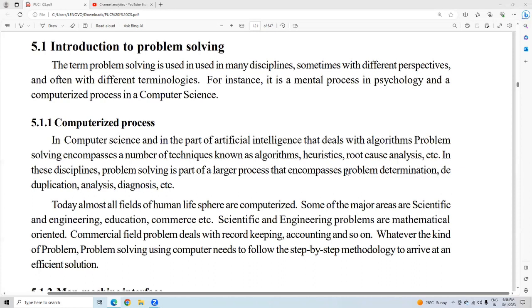In computer science and in the part of AI, artificial intelligence, that deals with algorithms, problem solving encompasses a number of techniques known as algorithms, heuristics, root cause analysis, etc. In these disciplines, problem solving is a part of a larger process that encompasses problem determination, duplication, analysis, and diagnosis, etc.